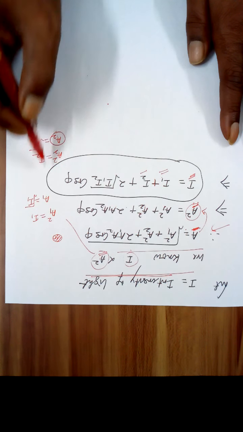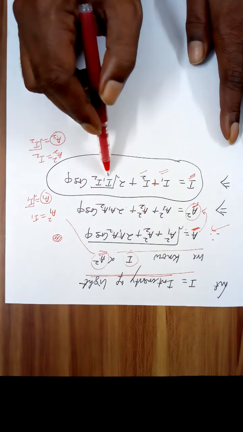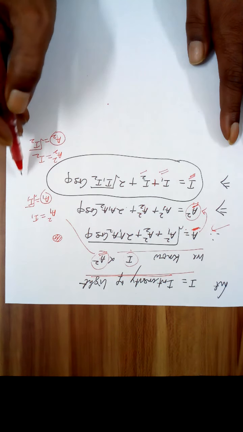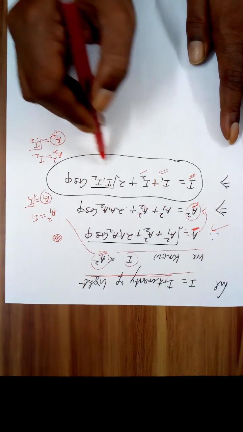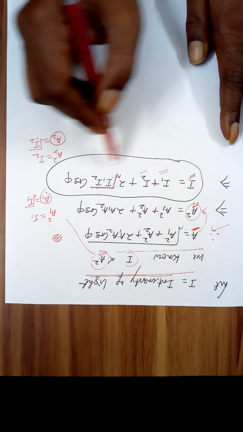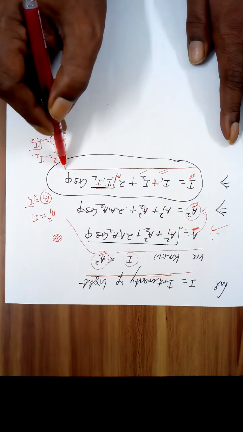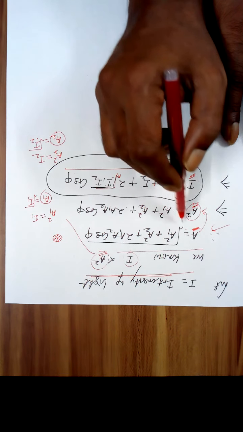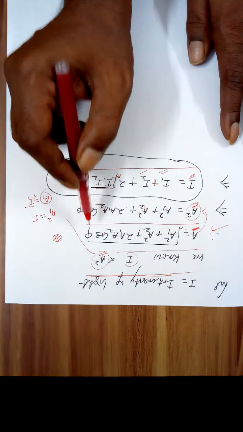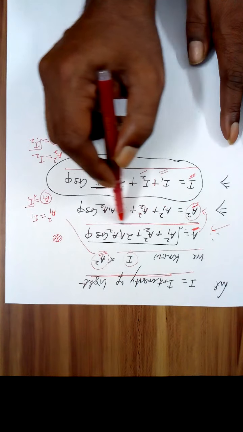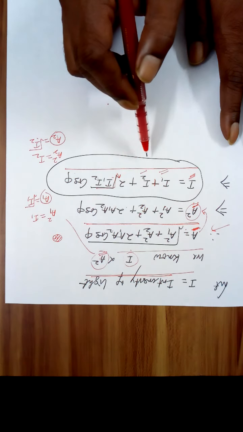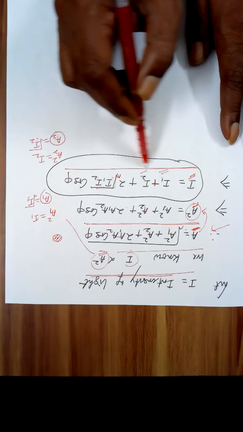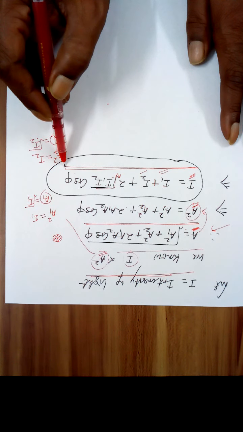So for a1, a2, I put square root of I1, square root of I2. So this becomes 2 times square root of I1 I2 cos phi. So, this is how intensity is added, and this is how amplitude is added. This is how the amplitudes of two waves are added when the two waves arrive at a point. This is how the intensity of the two waves is added when they arrive at a point.